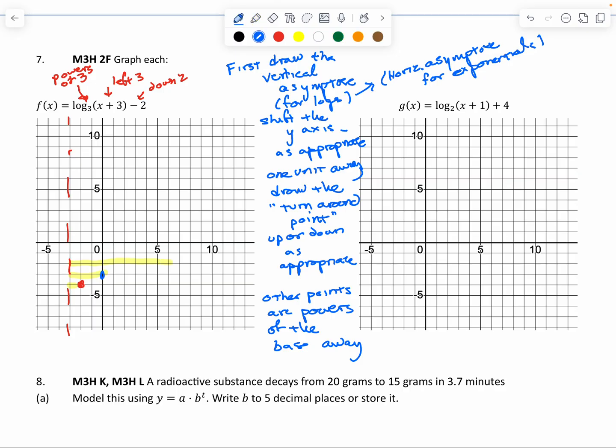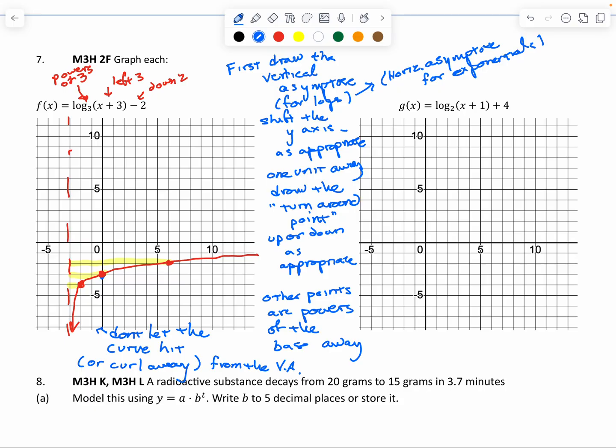Oops, let me make that real. Okay, and then don't let it hit the vertical asymptote. Okay, so the points have to get closer and closer and closer.